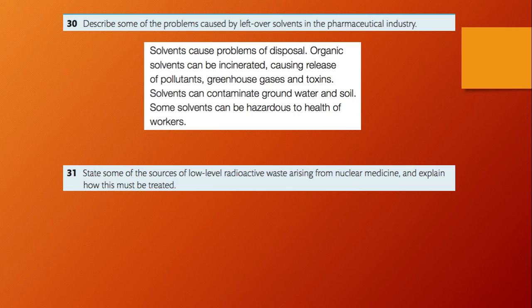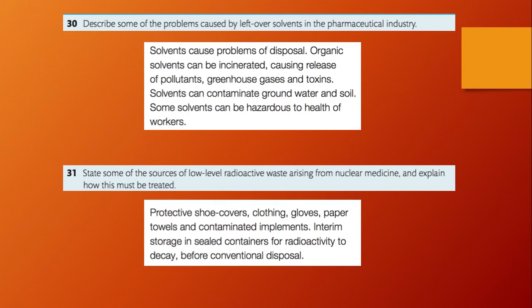Number 31 says, state some of the sources of low-level radioactive waste arising from nuclear medicine and explain how this must be treated. So protective shoe covers, clothing, gloves, paper towels, contaminated implements.